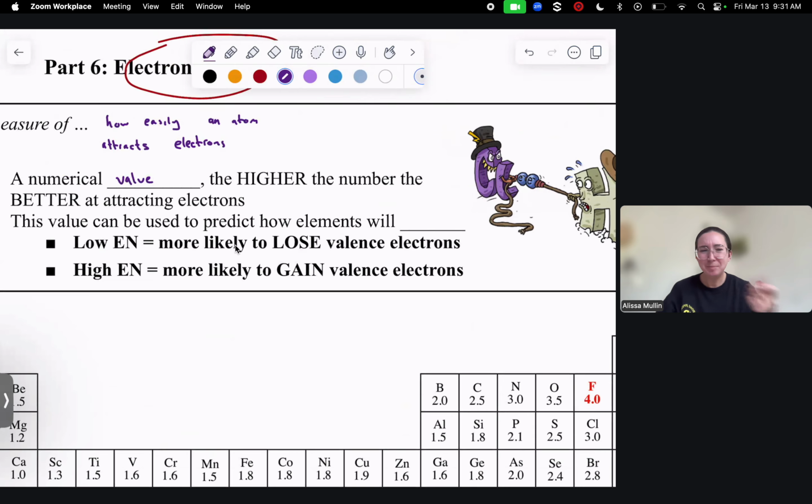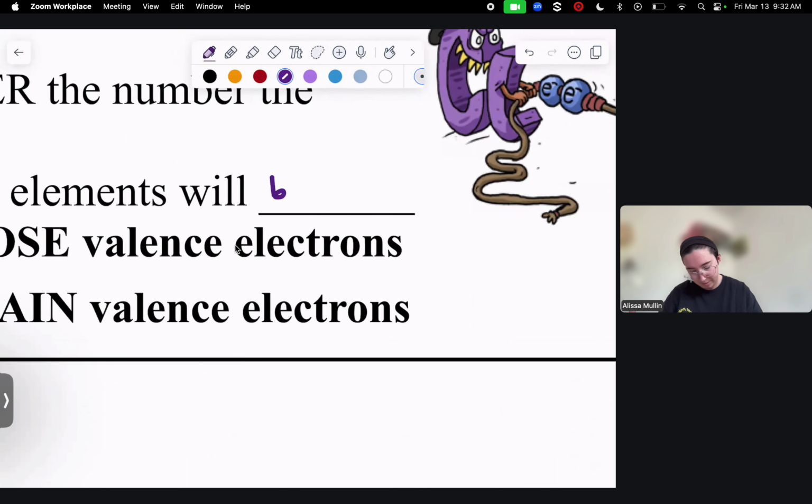Low electronegativity, barely holding on to those electrons, more likely to lose valence electrons, like our metals that end up with positive charge. High electronegativity, more likely to gain electrons, better at having negative charges, and it's also going to change how they behave in covalent stuff. So it's going to help us understand how they behave.